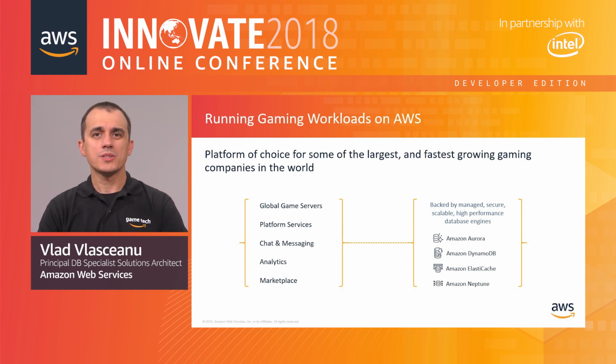When you picture a generic gaming workload and the services that are typically critical components in every game that we encounter, they really can be supported by 4 key database services. And we'll focus a little bit deeper on them in the rest of this presentation. They are Amazon Aurora, Amazon DynamoDB, Amazon ElastiCache, specifically the version for Redis, and Amazon Neptune.